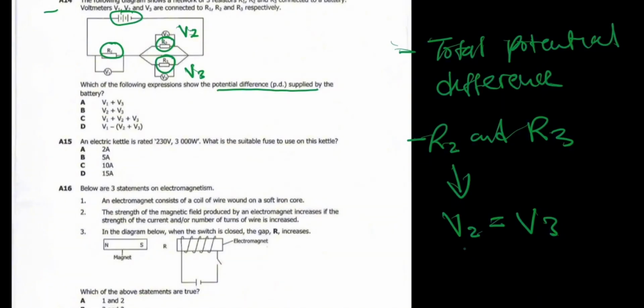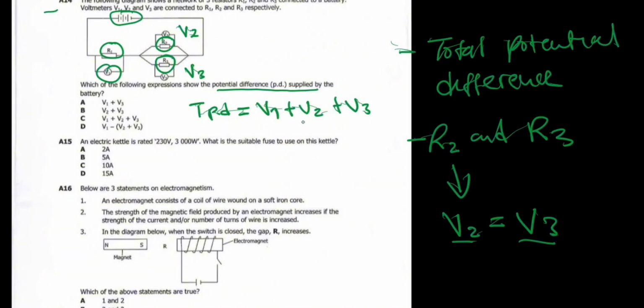equal. So if V2 and V3 is equal, and you have V1 which is connected to this resistor 1 in series, then what do you think is the total potential difference supplied by the battery? Well, on the surface, it will be like this is the total potential difference. So you're going to have V1 plus V2 plus V3.